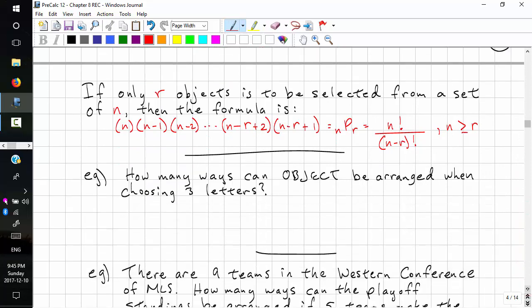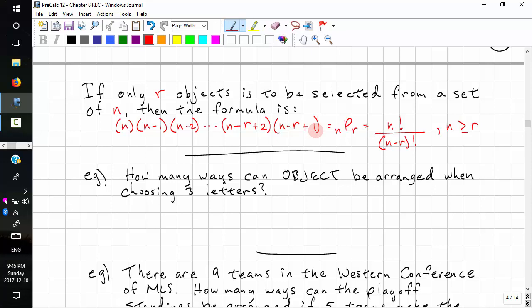A lot of problems, we don't pick all the objects from the set. So if only r objects are to be selected from a set of n, then the formula is n times n minus 1, n minus 2, dot, dot, dot, n minus r plus 2, and n minus r plus 1.